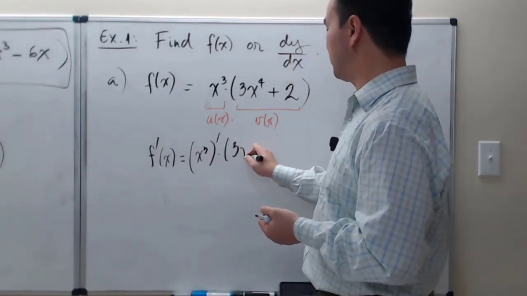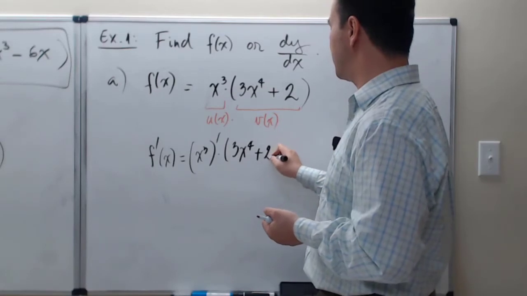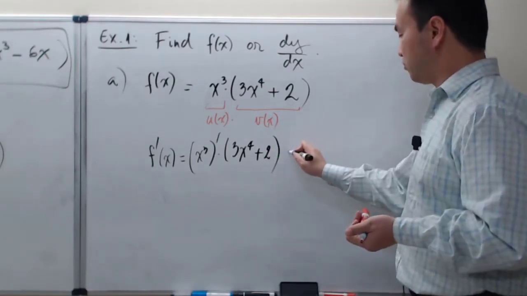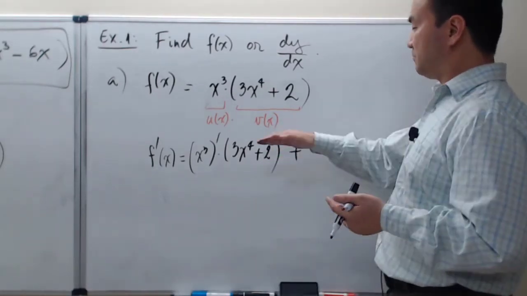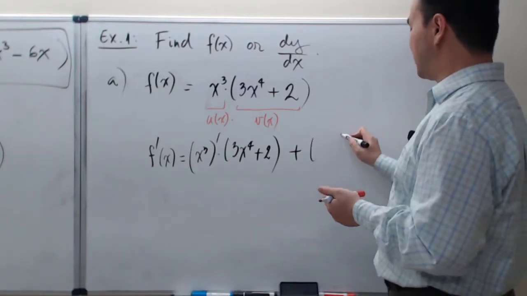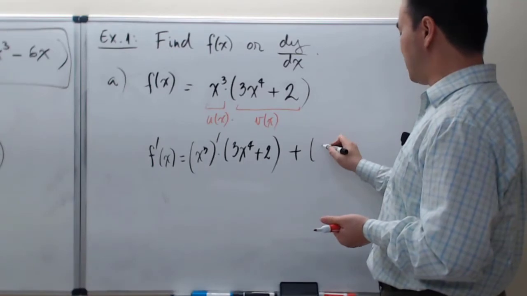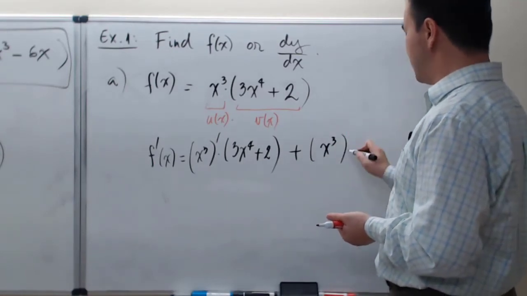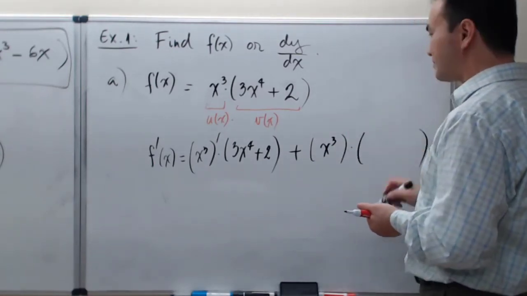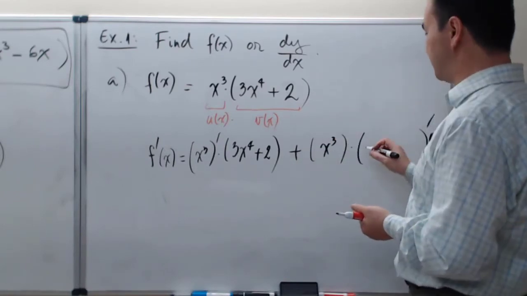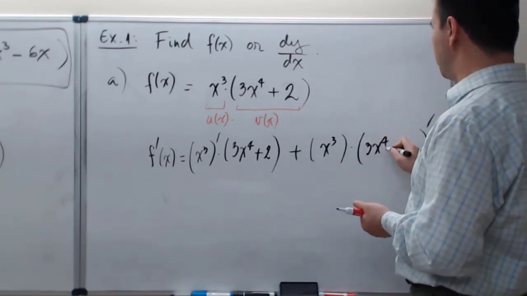So multiply with 3x to the 4th plus 2, leaving it the same. Plus, and so now the next part, I'm going to keep u the same according to the product rule. So this is now x cubed multiply with, and so now derivative of 3x to the 4th plus 2.